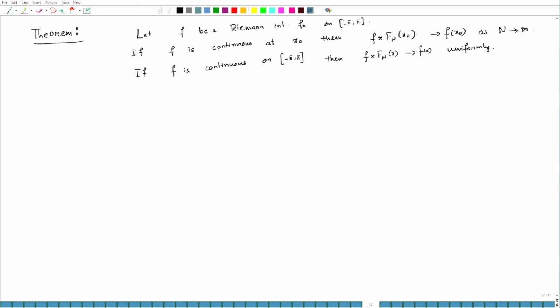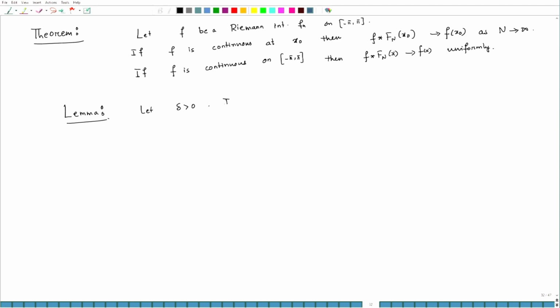So, before proving this theorem, let us have a close look at another important feature of the Fejér kernel. This I will put as a lemma. Let delta be positive.